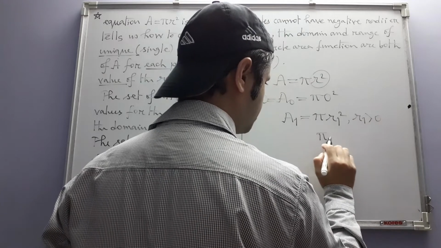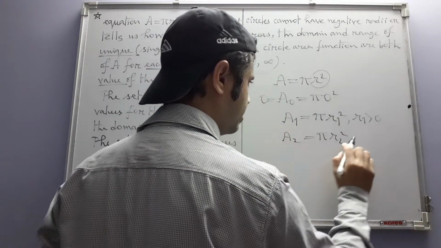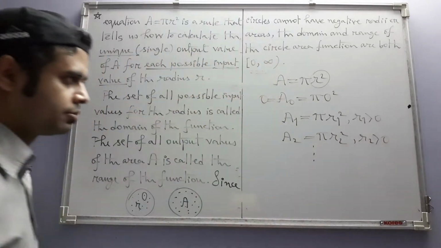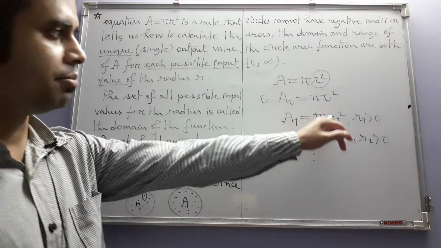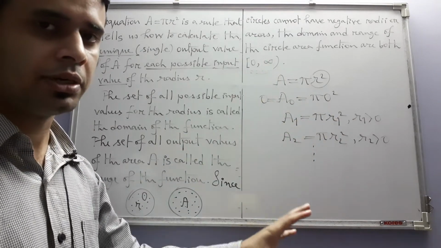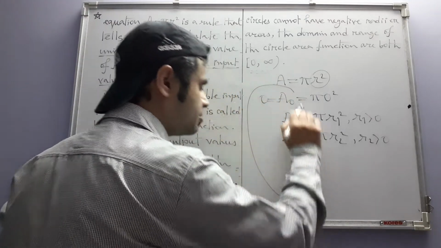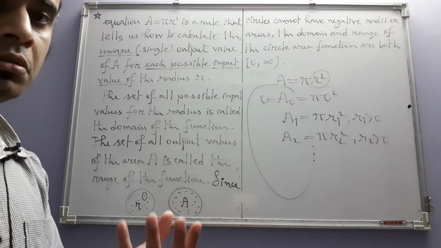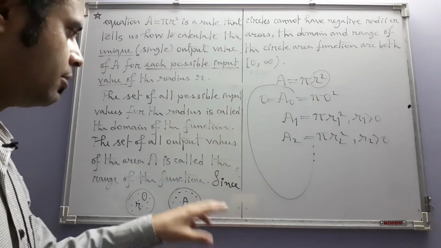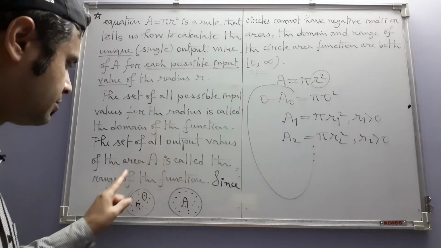You put another positive real number r2, you get an area a2, and this goes on and on, because there are infinitely many possibilities for r, correspondingly there are infinitely many possibilities for a. So all these area values taken together form the range of the function. The set of all output values of the area A is called the range.